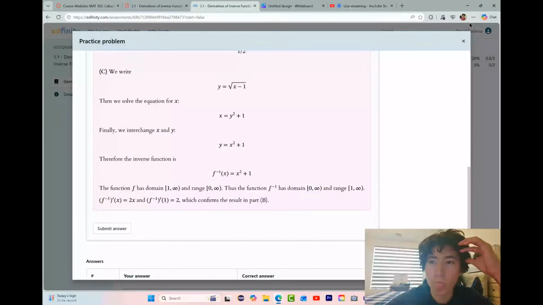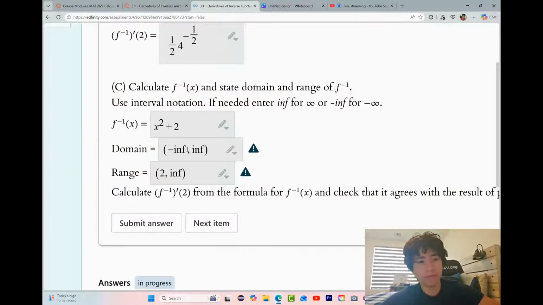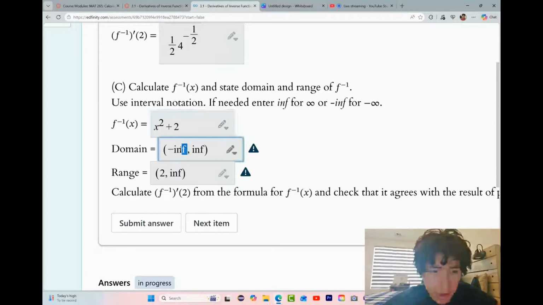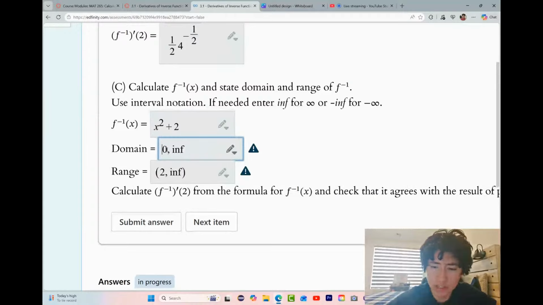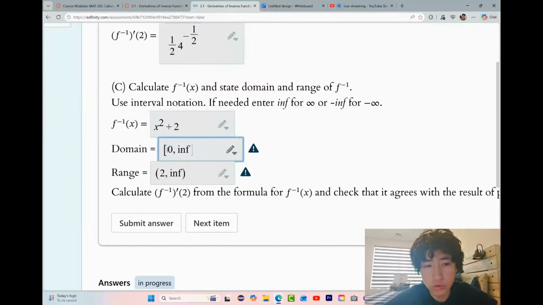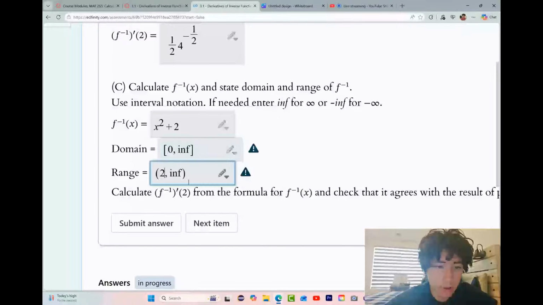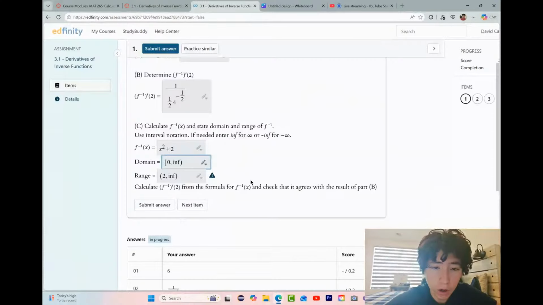Unless, so if that's the case, squared plus 2. So negative infinity does not work at all. So we have something like 0, I think. But then instead of that, you include 0. And that means that, oh wait, but then we have that. Oh, it finally works now. Interesting.